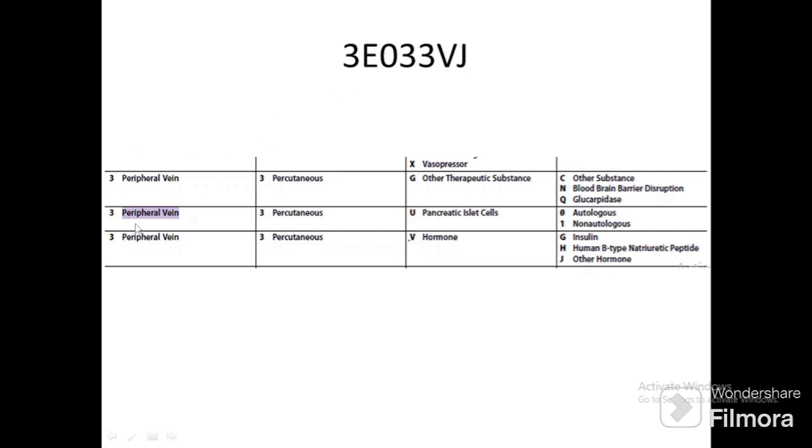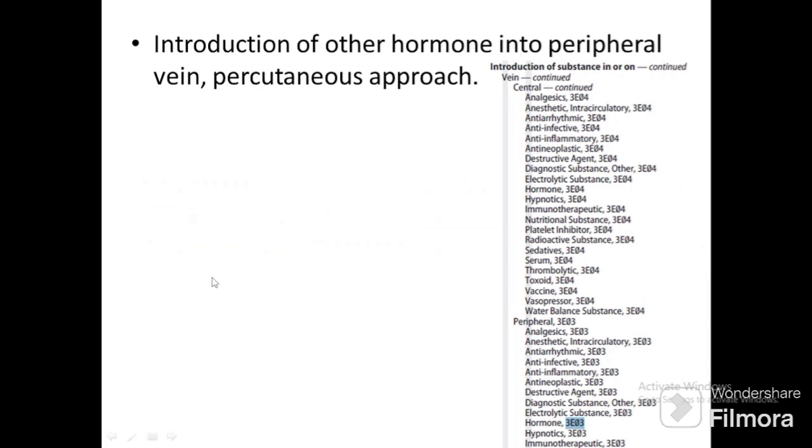Under 3E0, the peripheral vein is the body part, and the approach is percutaneous approach. So we should follow this row, the peripheral vein, percutaneous approach, and hormone is being induced here. Hormone, and the qualifier will be other hormone. So 3E033VJ. So important to note here is you should use the term introduction of substance in or on from the index. Okay.